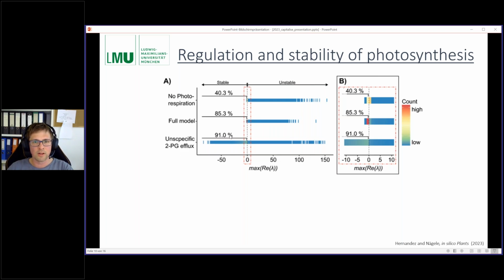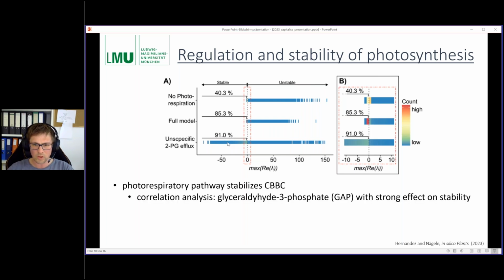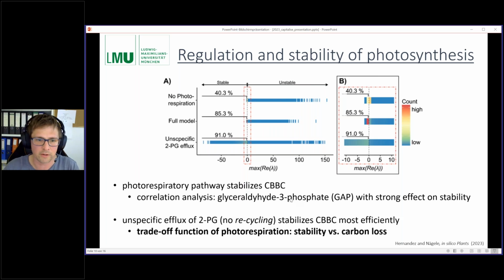And what we saw was that the stability statistically increased. What does that mean? For us, there were two conclusions from this. We concluded that the photorespiratory pathway stabilizes the Calvin-Benson-Bassham cycle, and we found by correlation analysis that glyceraldehyde 3-phosphate has a very strong effect on this stability.